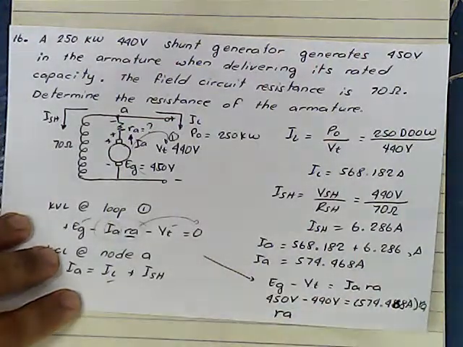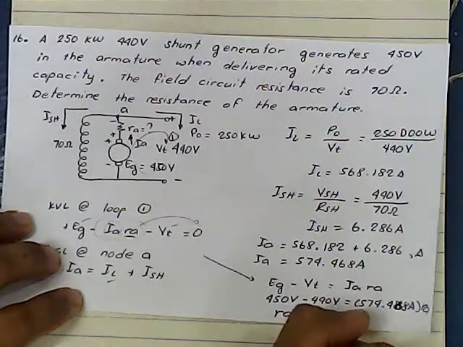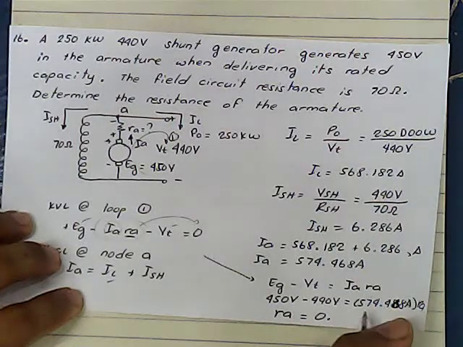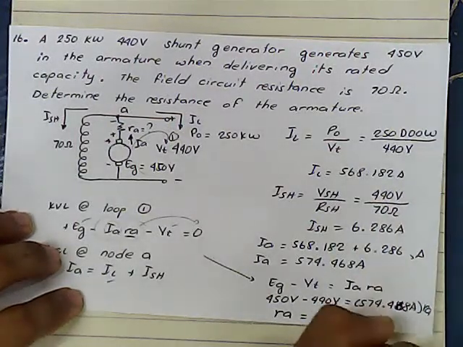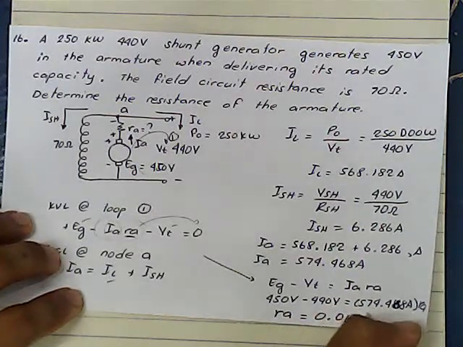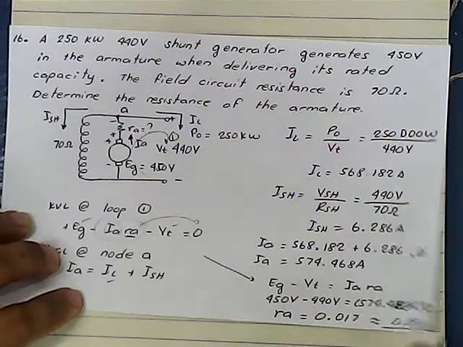So, compute lang natin. 450 minus 440, that will give us 10 volts. So, 10 divided by 574.468 will give us 0.017, or this is approximately equivalent to 0.02 ohms. So, yun po.